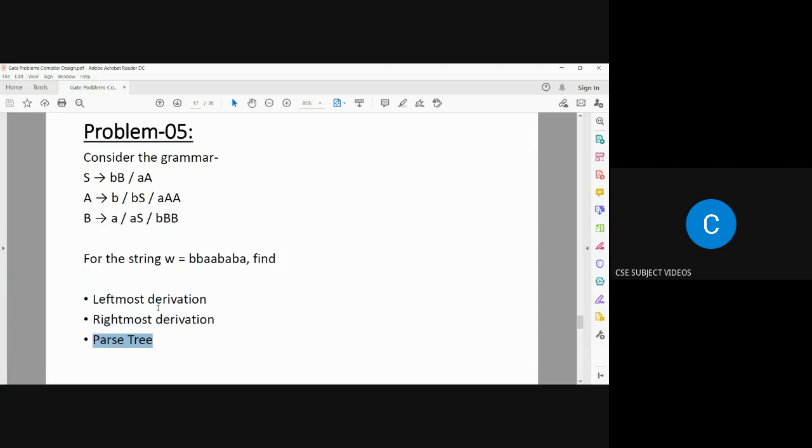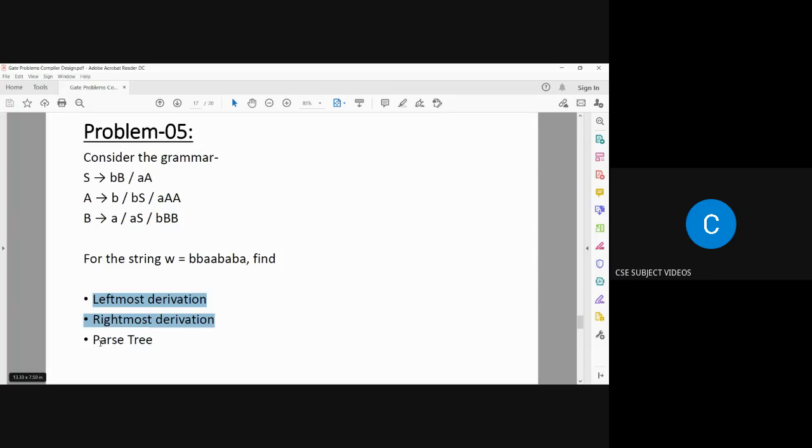So we have two types of derivation: leftmost derivation and rightmost derivation. What is called leftmost derivation? The process of deriving a string by expanding the leftmost non-terminal at each step is called leftmost derivation.